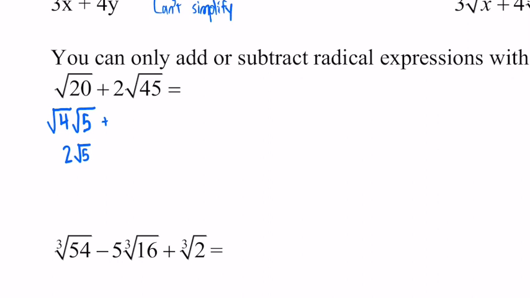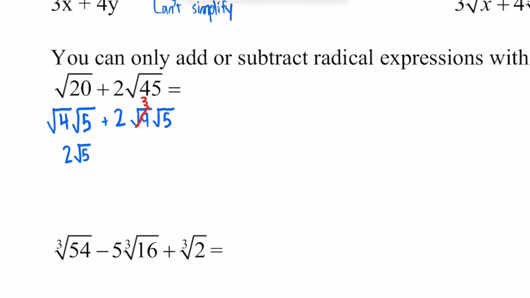Then we have plus. For the next term, we have a 2 at the front. And 45 is not a perfect square, but 9 is a perfect square that goes into 45 5 times. So we make this the square root of 9 times the square root of 5. And then the square root of 9 is 3.